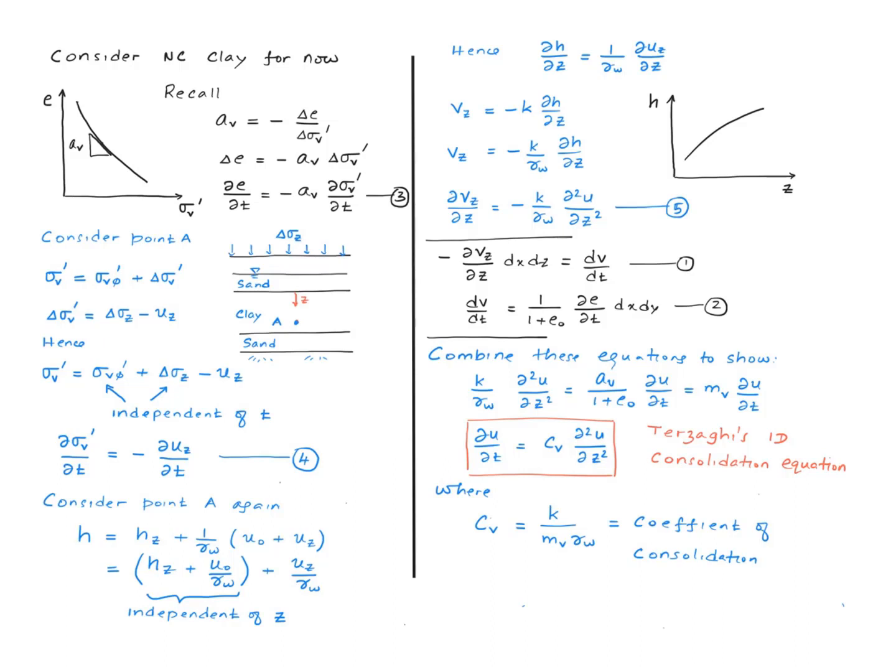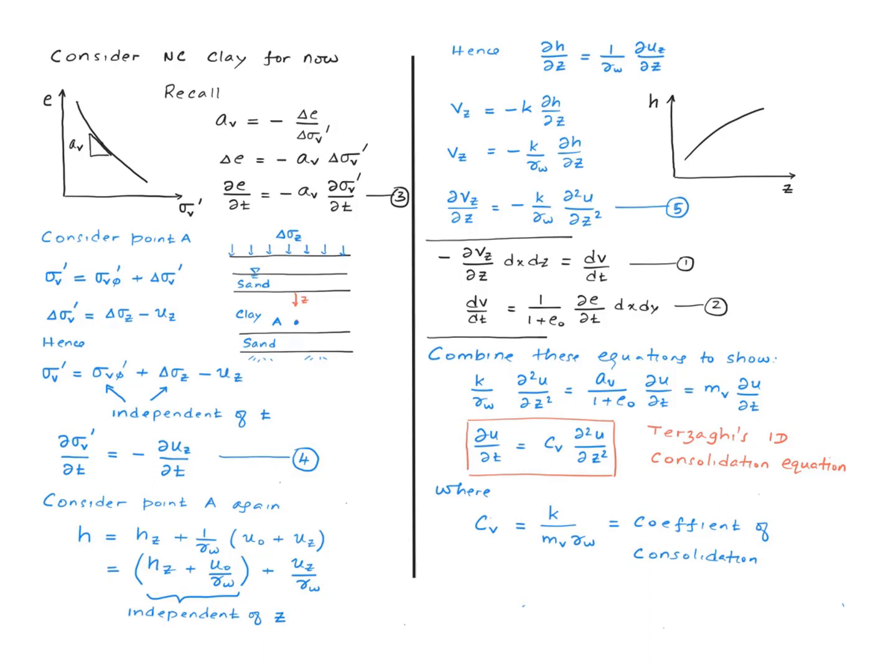And this is what is called Terzaghi's one-dimensional consolidation equation. And we have a parameter here, and this is called the coefficient of consolidation. Coefficient of consolidation equals permeability divided by the coefficient of volume change multiplied by the density of water.